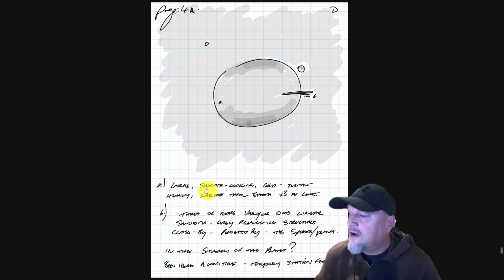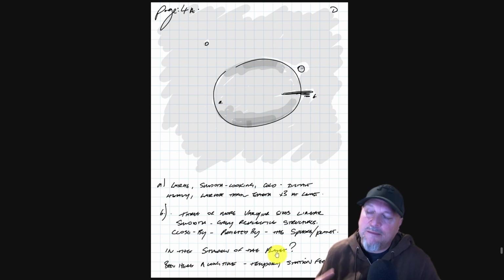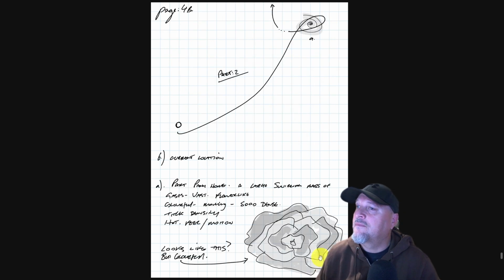So there's a large, smooth-looking, cold, distant, heavy, warmer than the Earth, probably 3 times warmer or something, planet. There are 3 or more varying sizes, linear, smooth, grey reflective structures, and they're close by the planet, and they're protected by the space in the planet itself. They're almost like in the shadow of the planet. They've been there a long time, and it has a kind of temporary station feel to it.